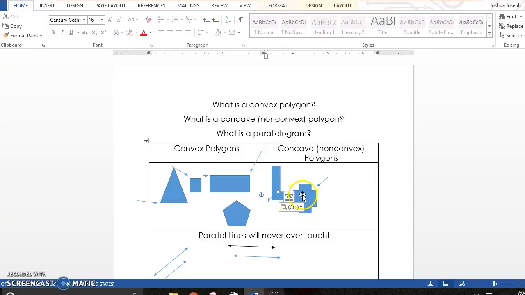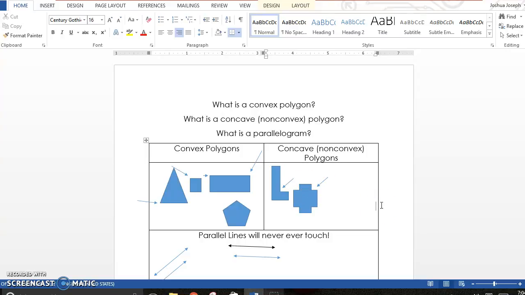And look at this vertex right over here. So do you notice the difference? Yeah. And if you do notice it, what you'll notice is that convex polygons, all their vertices face outward, whereas concave polygons have some vertices that face outward, but also have vertices that face inward, like this vertex right there, and like this vertex right here.